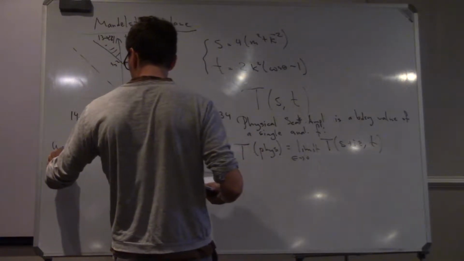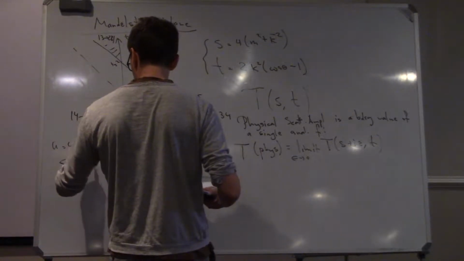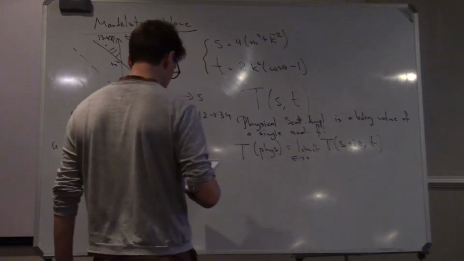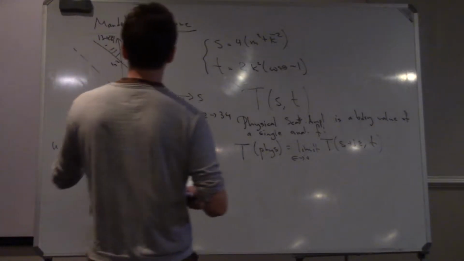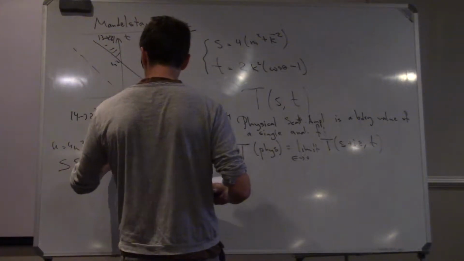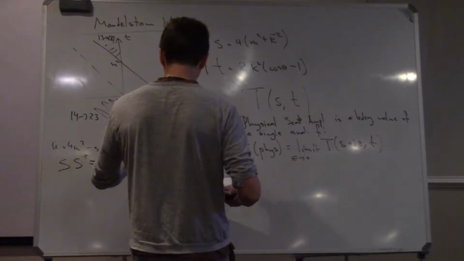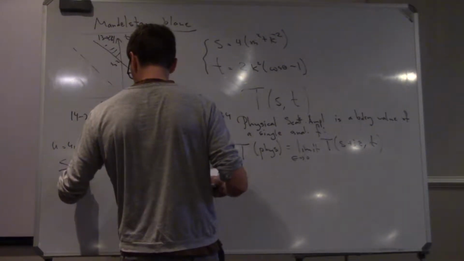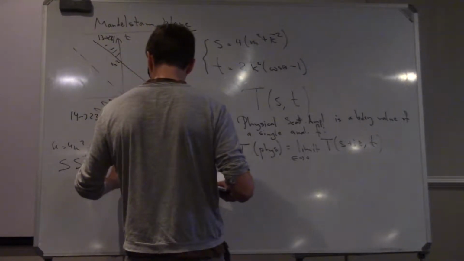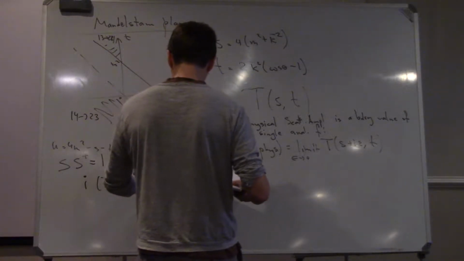So recall that we had this relation for unitarity, S dagger S equal to 1. If you plug in S equal 1 plus iT, you get what's known as the optical theorem. So you get this relation.